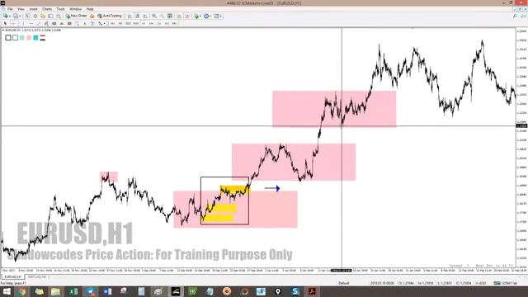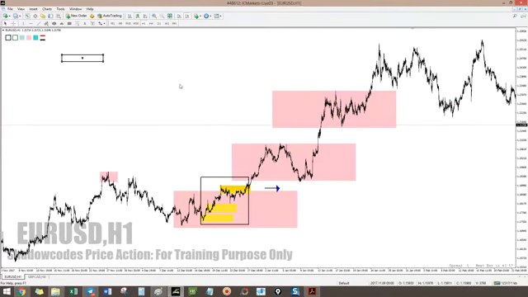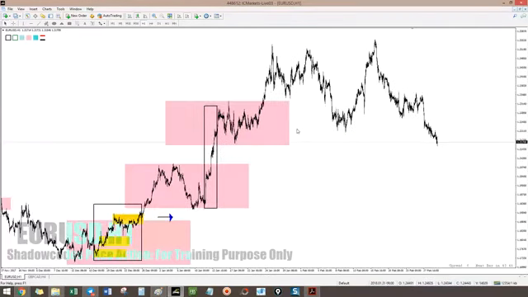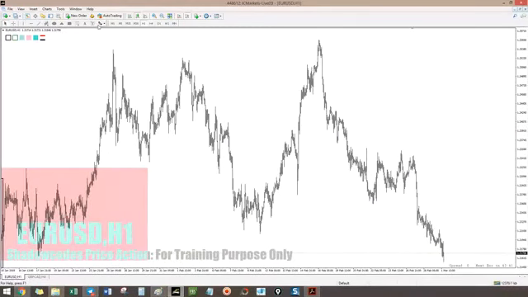Price is moving with a really hard rise, so it needs to break the previous structure. You have this one, this one and this one, three phases, and then from here you go like this.